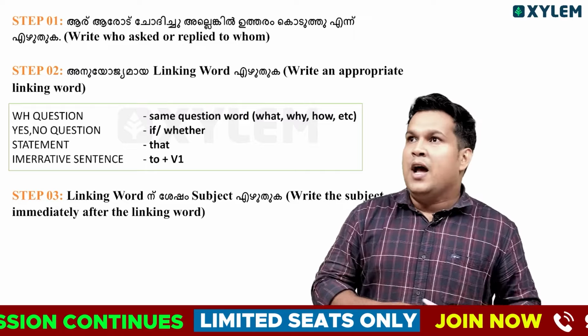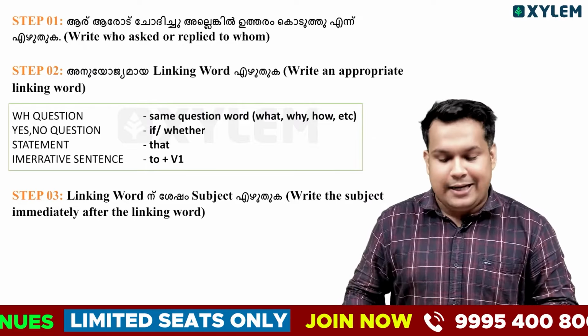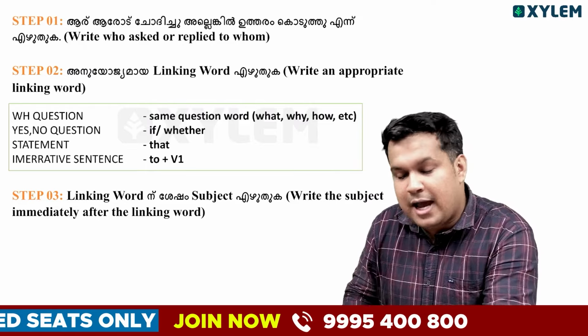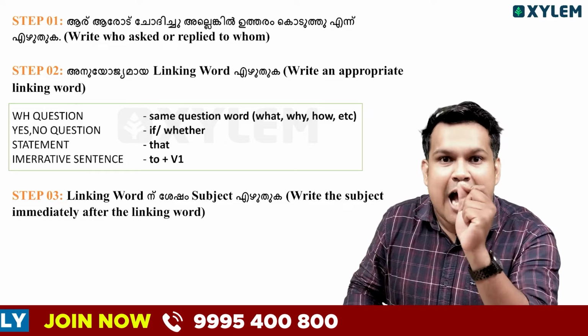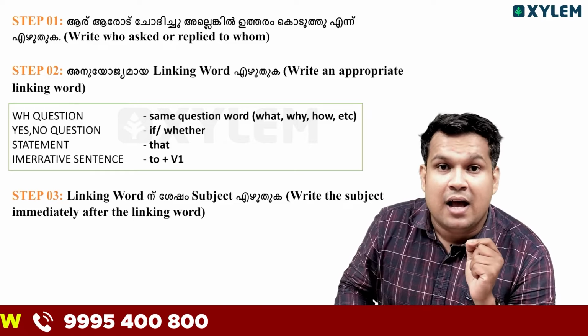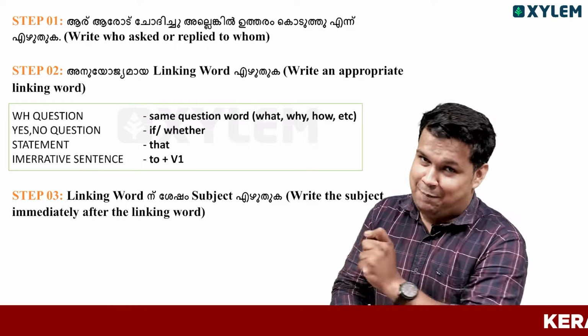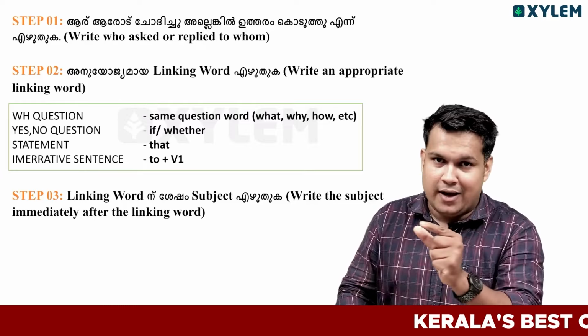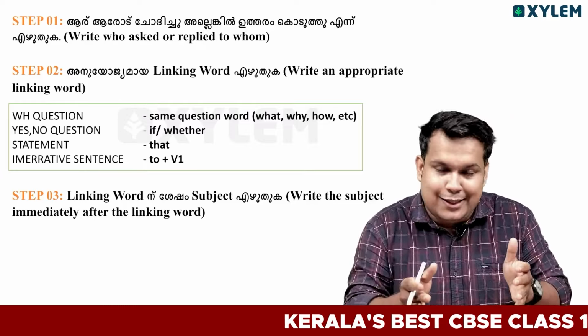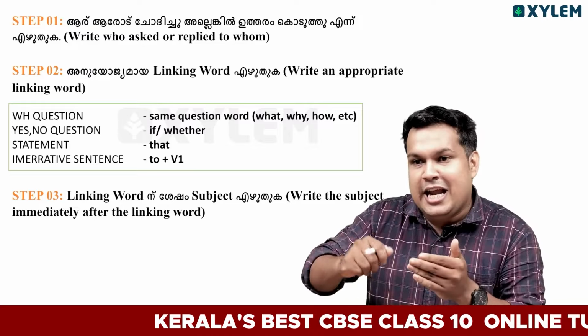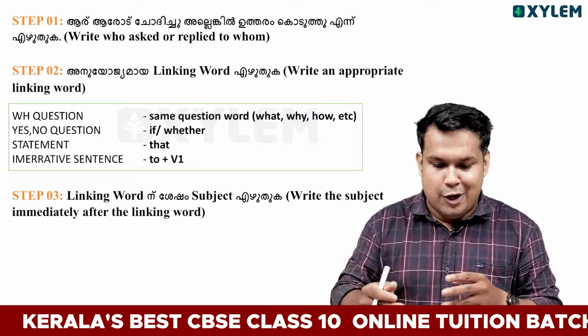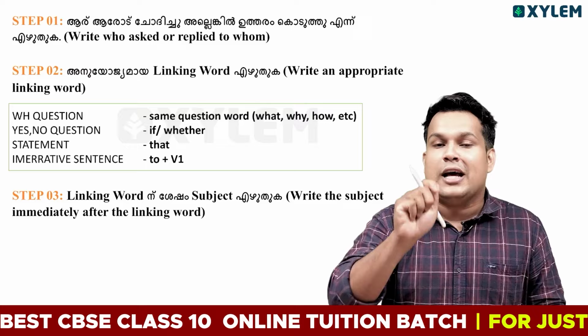For example, when you are writing a reported speech sentence, you might have come across this word that. For example, X said Y that she loved him. So that is a linking word. X said Y is who asked whom, and she loved him is what is being asked.